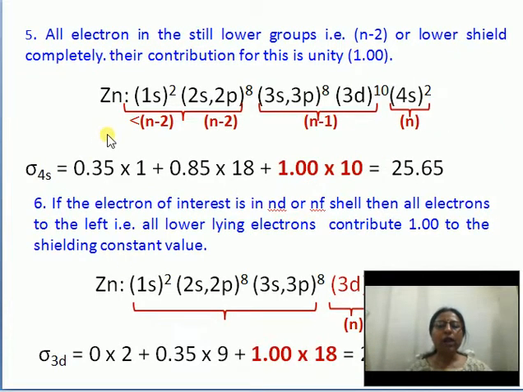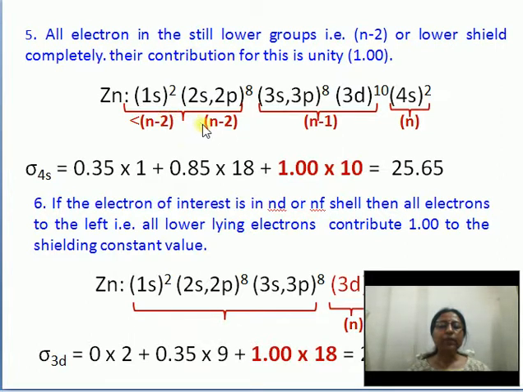So till now we have seen how to calculate the sigma value if we have electrons in the nth shell and N-1 shell. Now think if you have some more electrons as well, that means electrons in the N-2 shell also. What will the contribution be? The contribution here will be 1. That is more than the contribution from the n-1 shell. This you can understand now, because these are closer to the nucleus and contribute more.